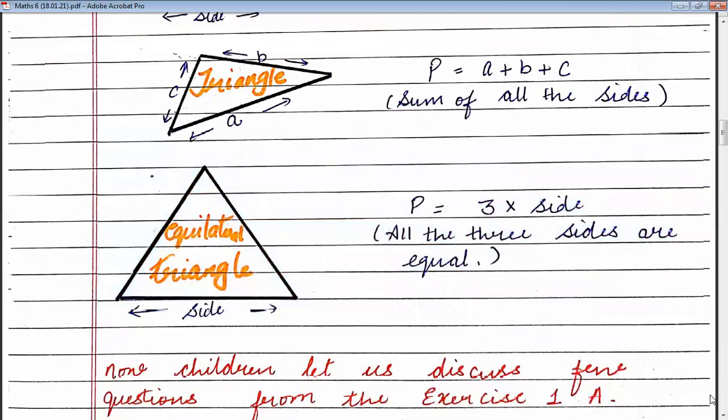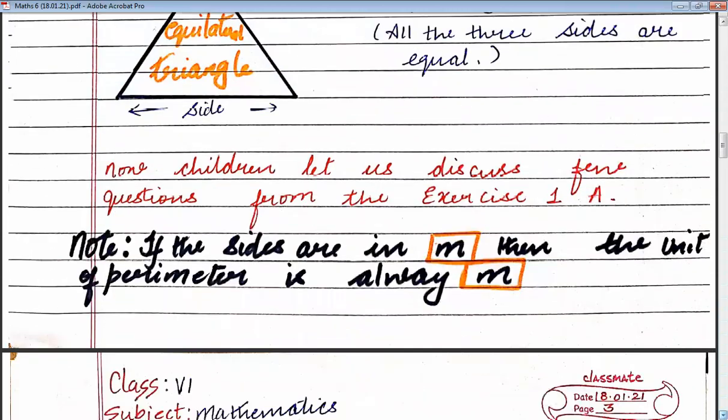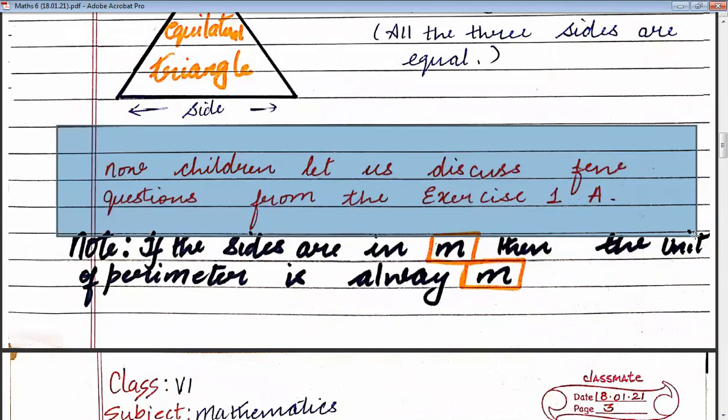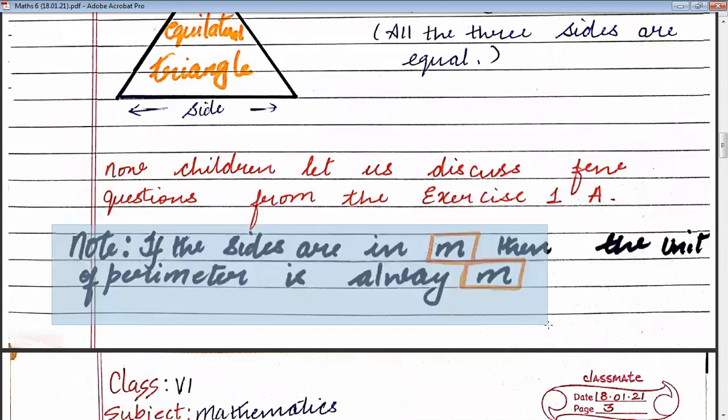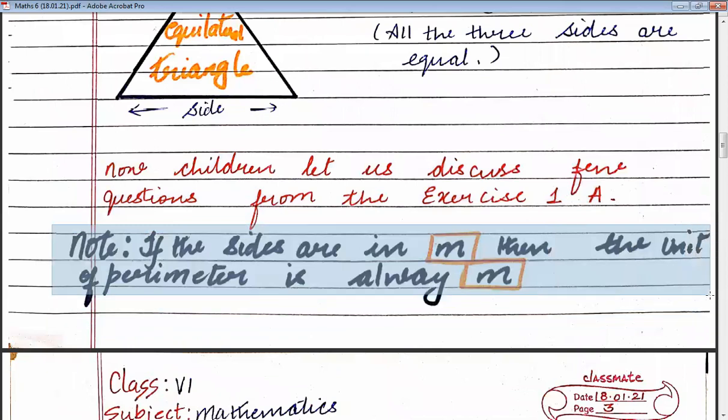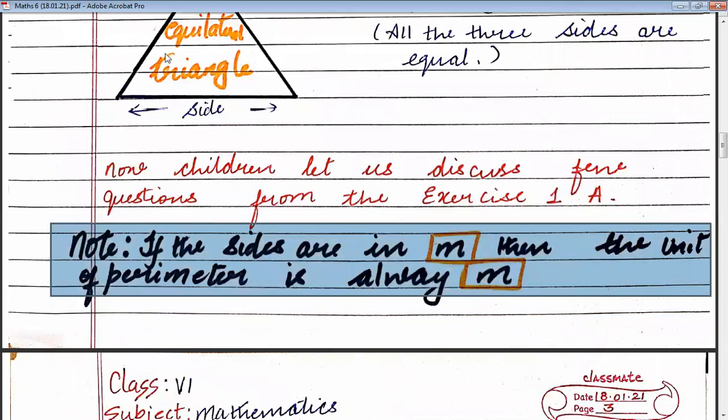Okay. Now let's move on to our exercise 1A. Now we will discuss few questions from the exercise 1A. Now before going further, children, be careful that whenever your sides are given in meters, when all the sides are in meters, then your perimeter is also in meter.